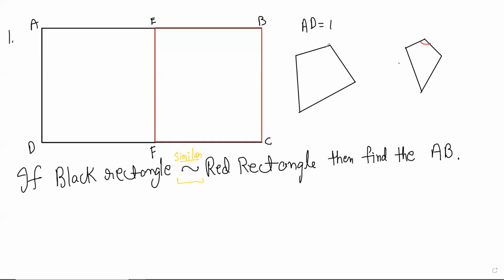I would say that two quadrilaterals are similar if this angle and this angle are equal, this angle and this angle are equal, and let's say this angle and this angle are equal. And then obviously the fourth angle has to be equal. Okay. So this is Satya's definition of similarity. Anyone else has any other definition?